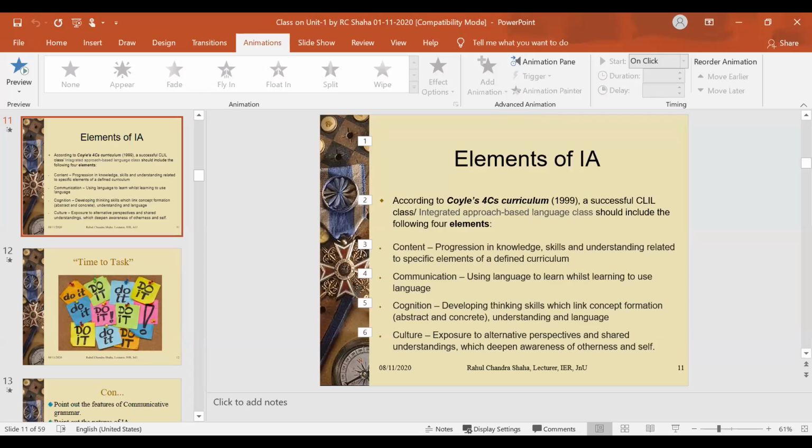Miss Oshi, do you listen to me? Hello, Miss Oshi, how are you? Alhamdulillah, I'm fine, sir. What about you? I'm also fine. Do you want to say something regarding these topics? Sorry, sir.